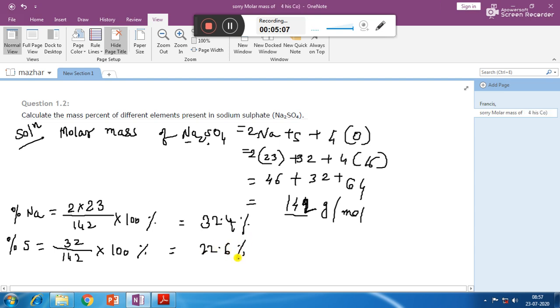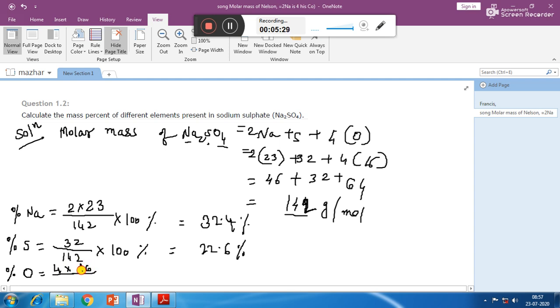Now we have to find out percentage of oxygen. So percentage of oxygen is equal to, now here how many times we have oxygen in sodium sulfate? 4 times. So here we have to take 4 times. Now atomic mass of single oxygen is 16.